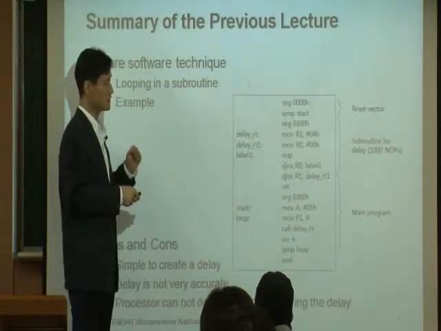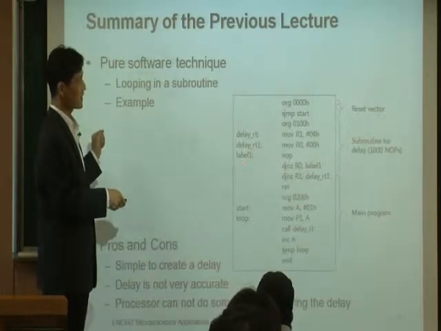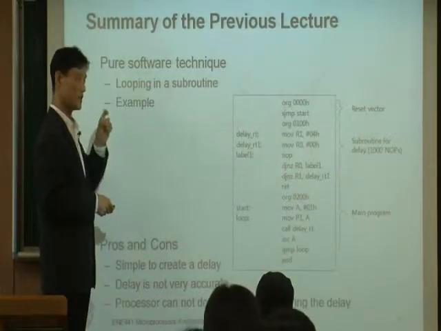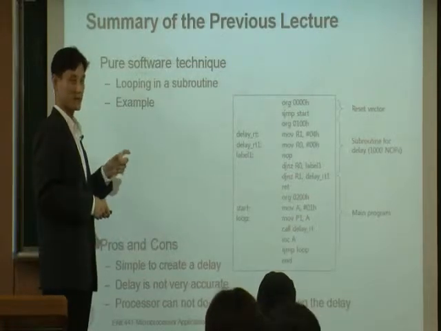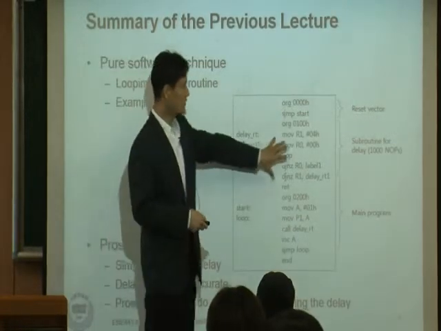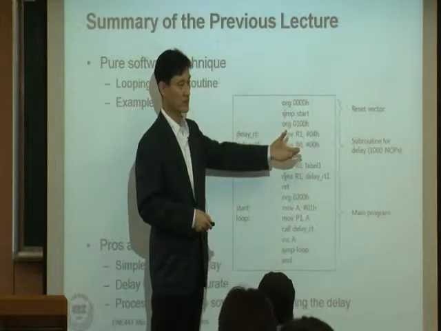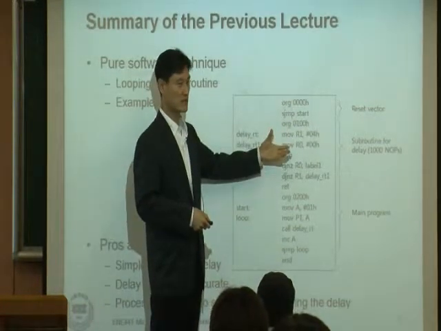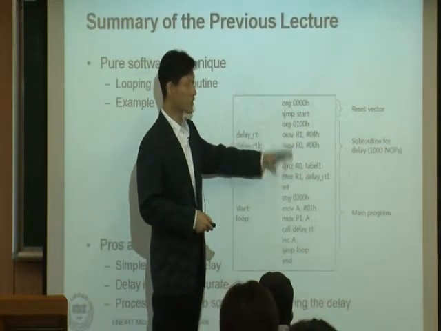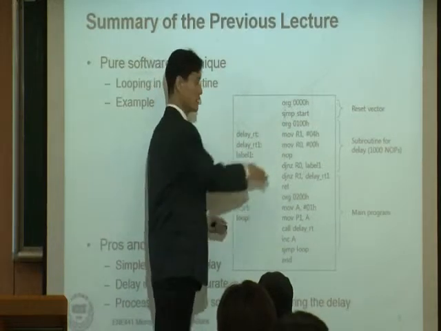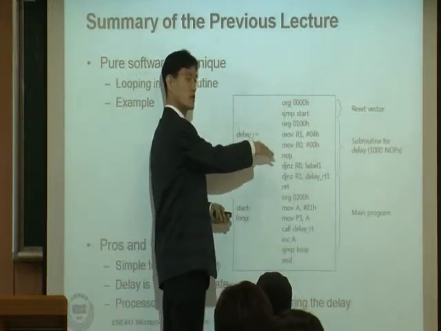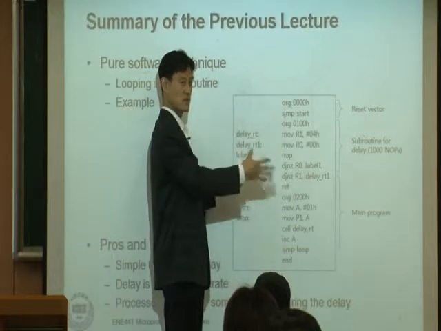So what I'm saying is that if you use this software technique, it is very difficult to measure exactly 1 millisecond, because how long it takes depends on the hardware. If the hardware runs fast, then looping 1,000 NOPs is going to be very quick because the processor is very fast.